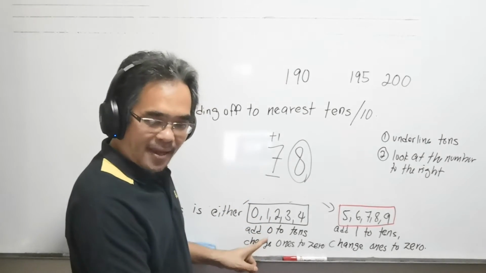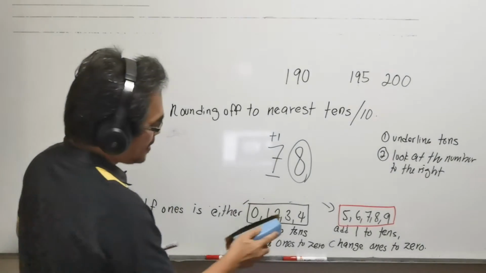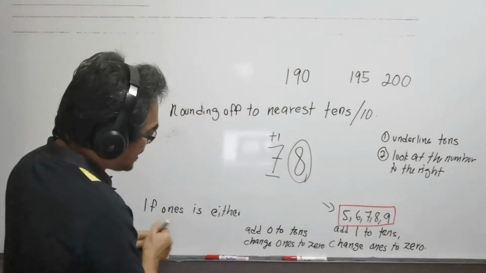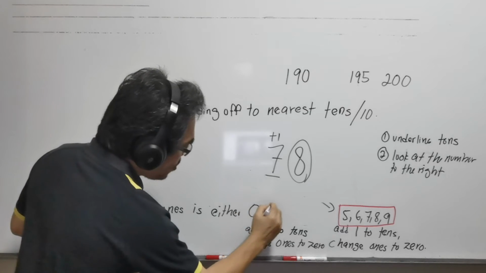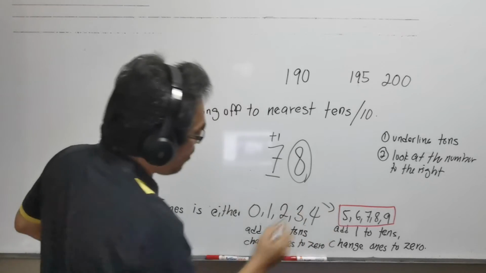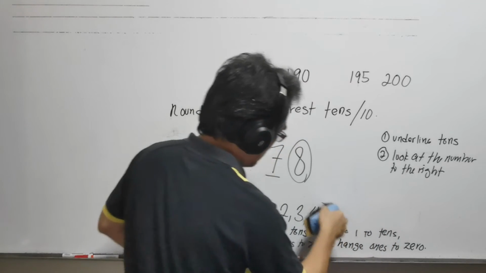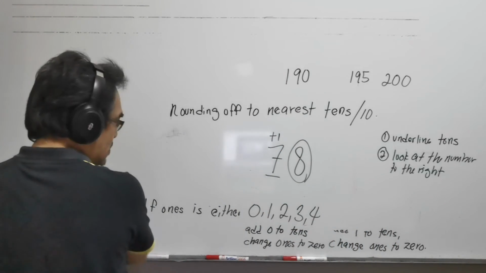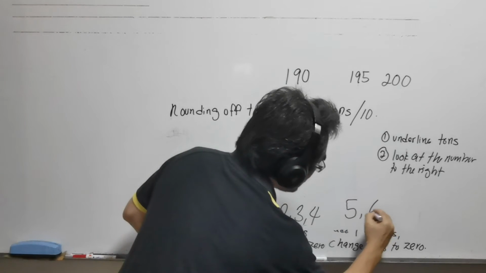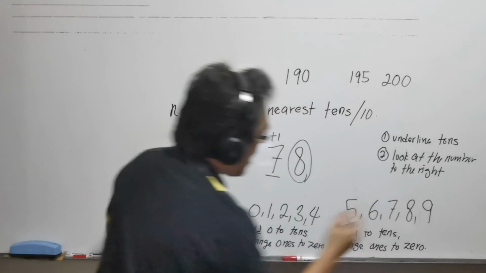In the black. So I just write it a little bit bigger. 0, 1, 2, 3, 4. 5, 6, 7, 8, 9.